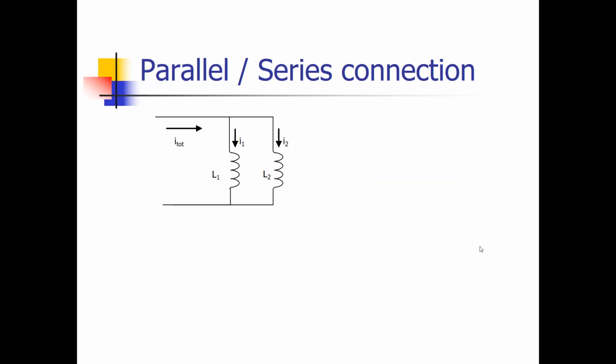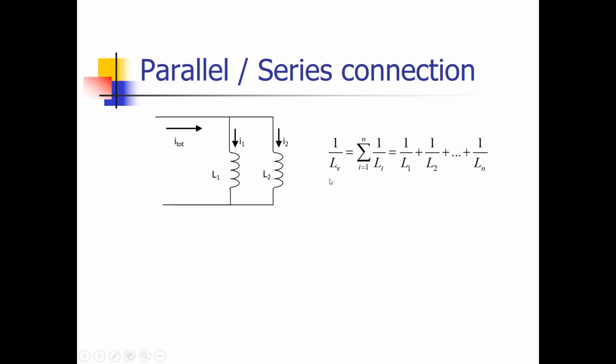Well, some other things. When we are making a circuit diagram, or we are working with a couple of coils or inductors in one circuit, then we have to know the rules about parallel and series connection. When we put two or more inductors in parallel, we can express the replacement inductance value this way: 1 over Lv, so the inverse of the replacement inductance, is 1 over L1 plus 1 over L2.